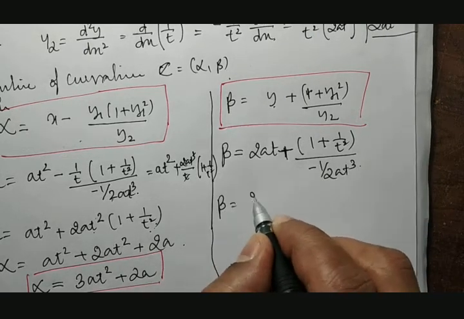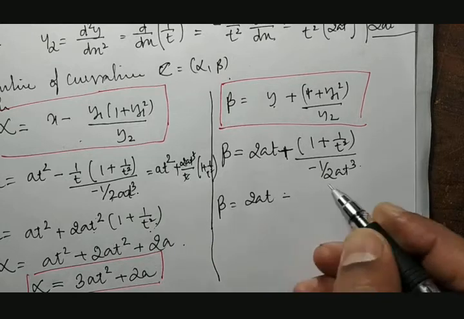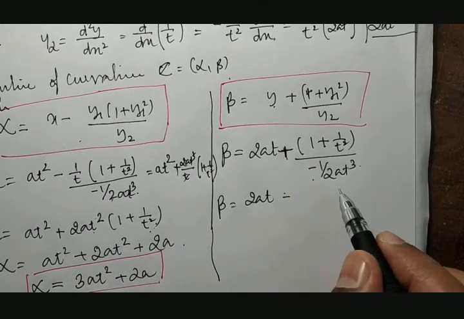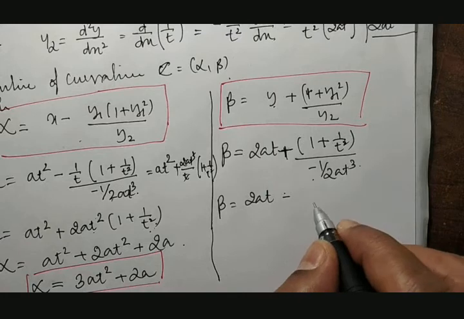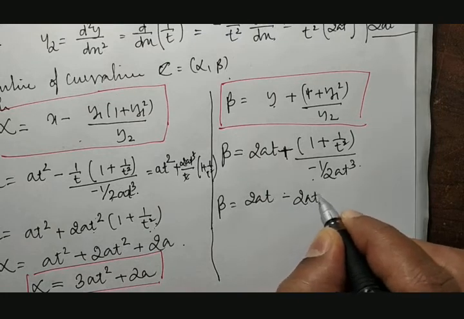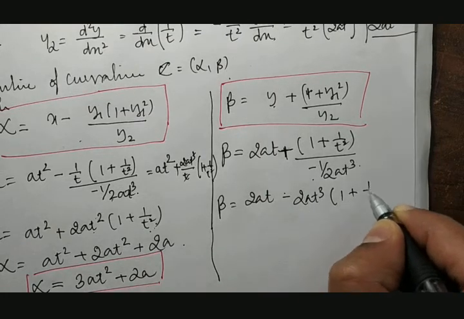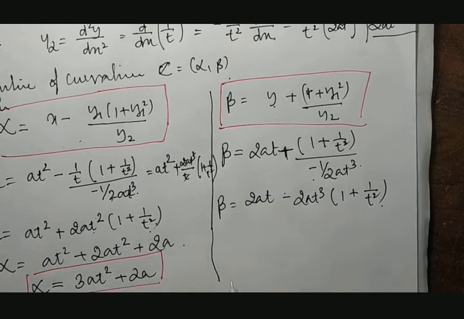Therefore, beta is equal to 2at. Then plus into minus, it will be minus. Then it will go to the numerator. Then it becomes 2at cube into bracket 1 plus 1 by t square.